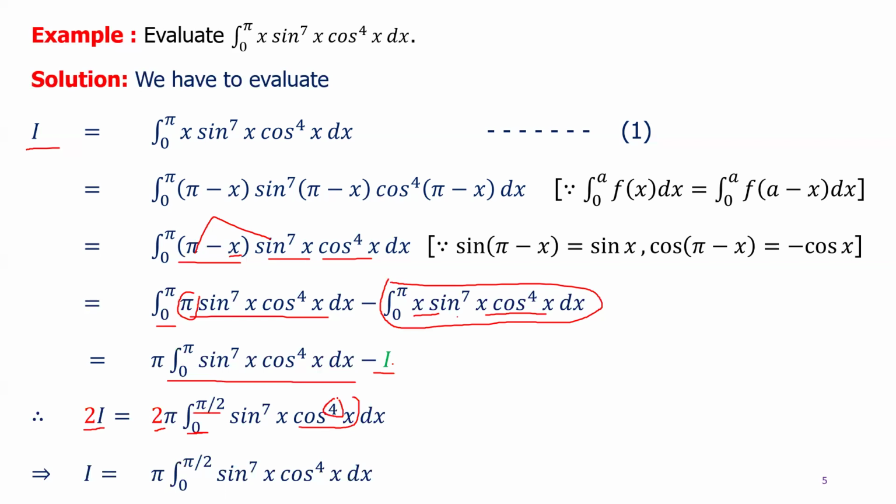Here the power of cosine is even. Therefore, the limit should be broken into 2 times 0 to pi by 2. Now this 2 and this 2 will cancel. We have I equal to pi times the integration under the limit 0 to pi by 2 of sin^7 x cos^4 x with respect to x. Now we can apply the reduction formula.